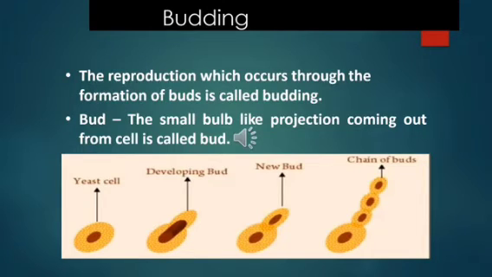The new yeast cell grows, matures and produces new yeast cells. So this continues to happen and you have a chain of buds being produced and a number of yeast cells being produced. This method of reproduction which is seen in the yeast cell is called budding.